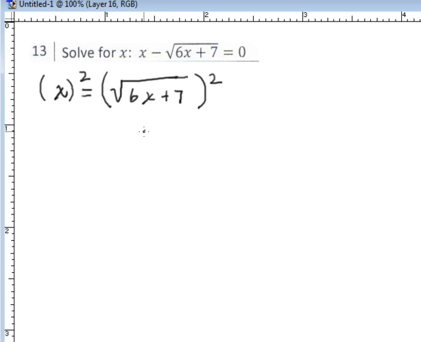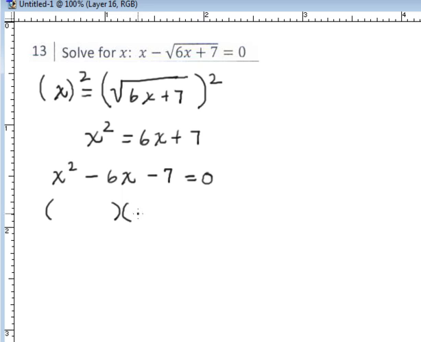So here we have 6x plus 7 equal to x squared. And now this is a quadratic. Let's put it in standard form and see if it factors. So we have x squared minus 6x minus 7 equal to 0. And let's say this does factor.